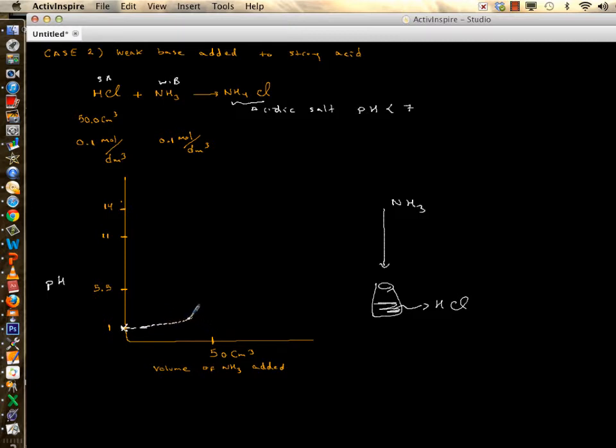Once you make it to 50 cm cubed, which is equal moles of both, you will go up sharply, and then you break apart, and then you will end at a pH of almost 11 or lesser than 11, because now you simply have a basic solution here, ammonia. So your equivalence point is about 5.5.